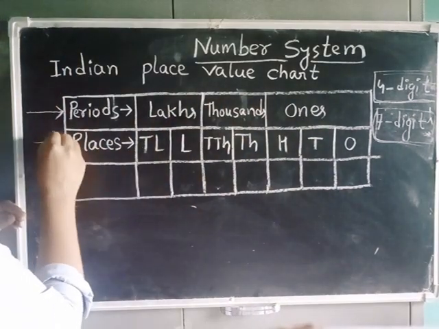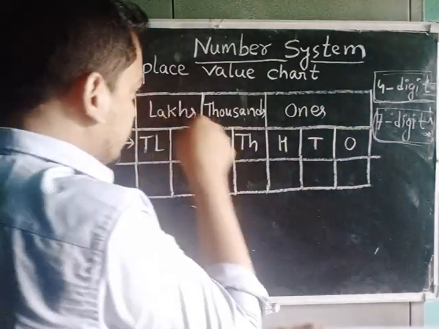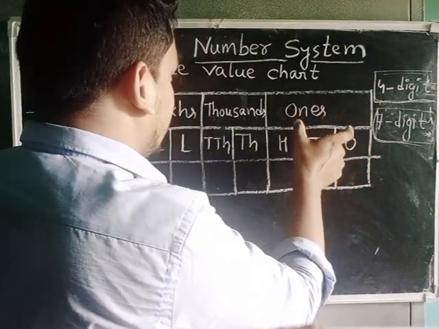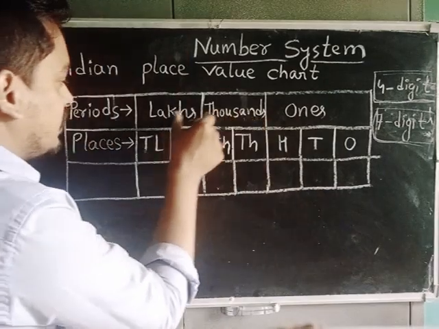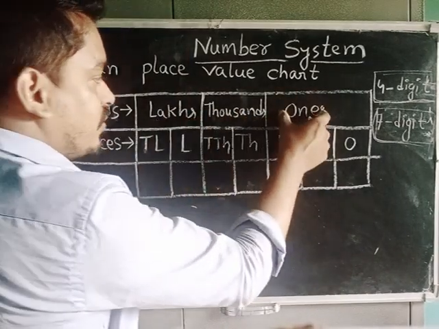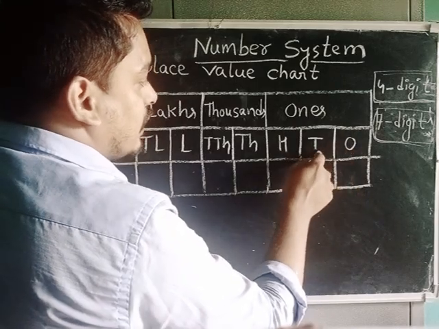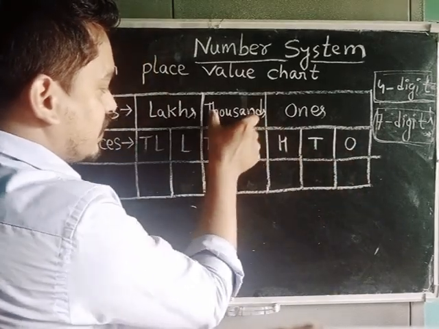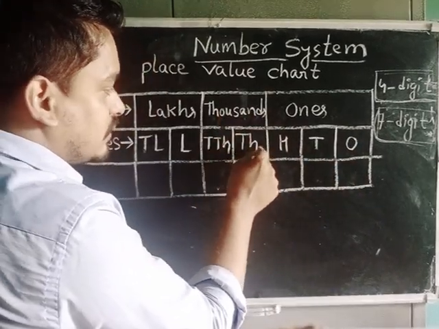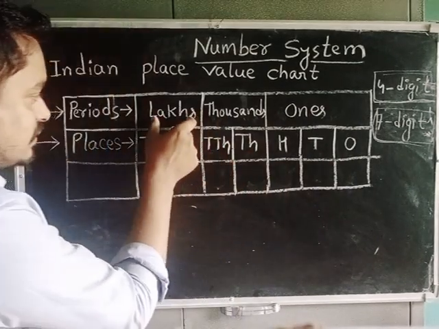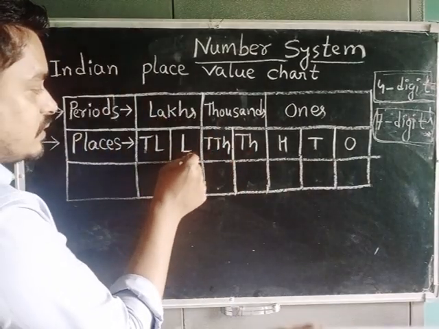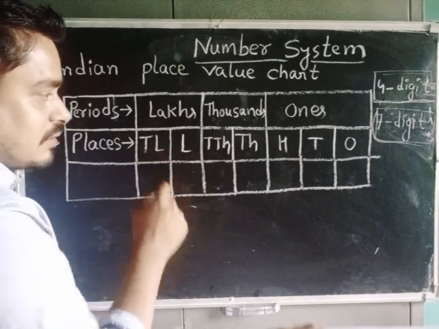The periods are ones, thousands, and lakhs. One period has 3 places: ones, tens, and hundreds. The thousands period has 2 places, thousands and ten thousands. Lakhs has 2 places, lakh and ten lakh.